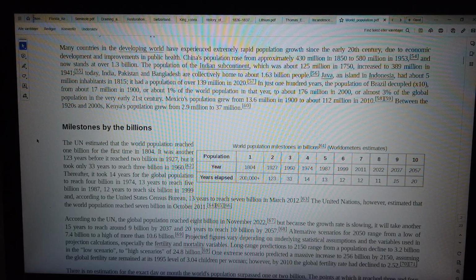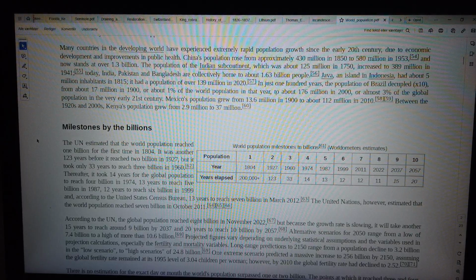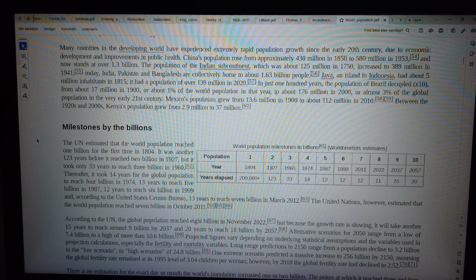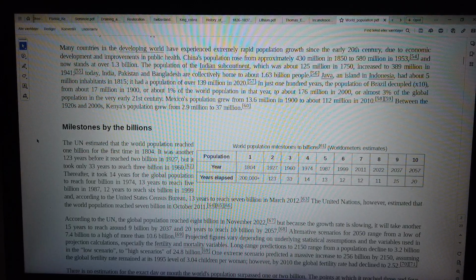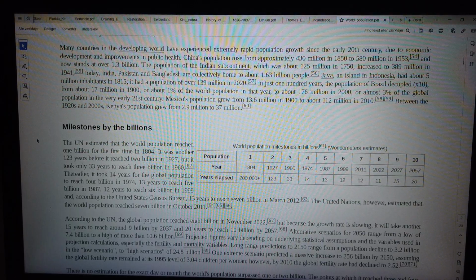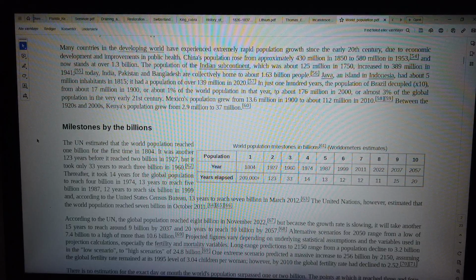In just 100 years, the population of Brazil decupled, times 10, from about 17 million in 1900, or about 1% of the world population in that year, to about 176 million in 2000, or almost 3% of the global population in the very early 21st century.